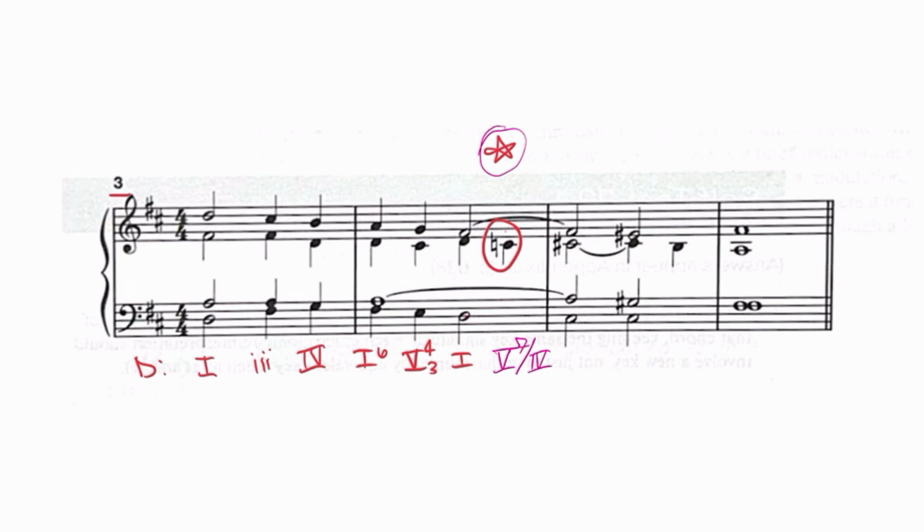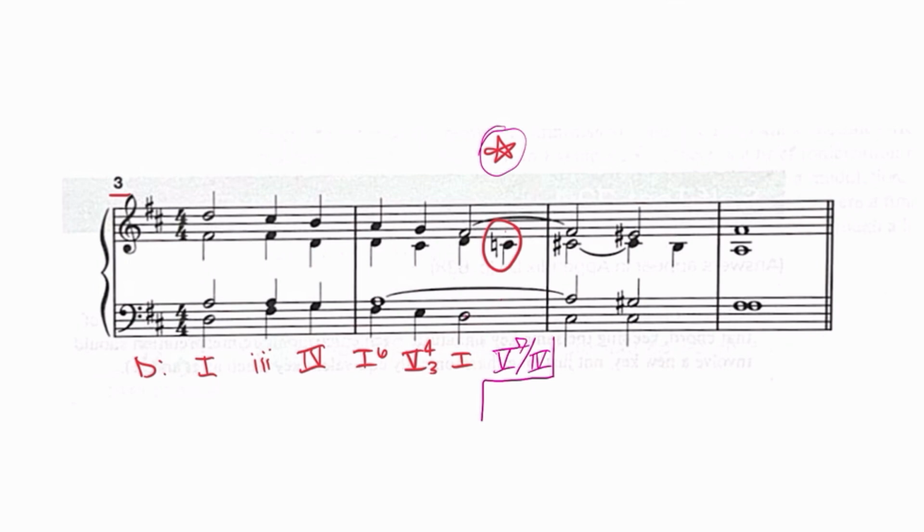However, it doesn't resolve to a 4 chord like you would expect. Instead, it resolves to this F sharp minor chord over C sharp, which means that this is probably where we're going to modulate. So we know that a 5/7 chord can also be respelled as a German augmented 6th chord.